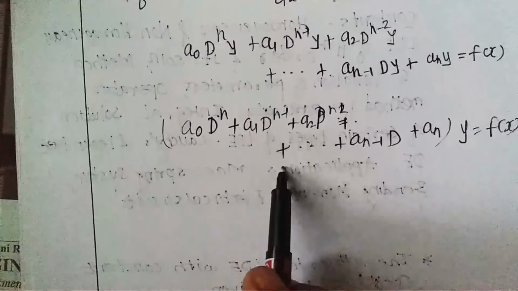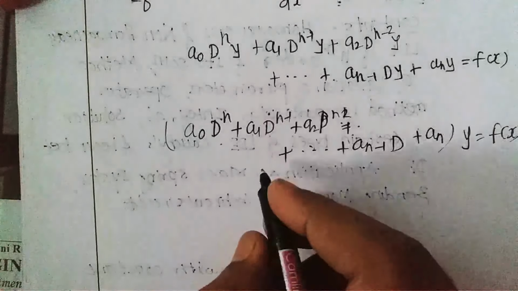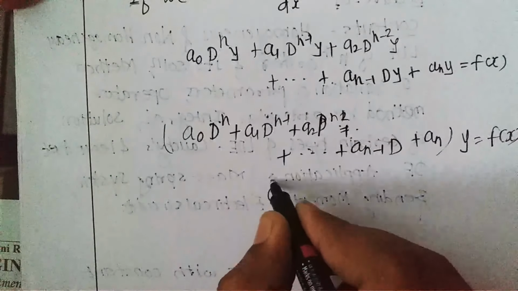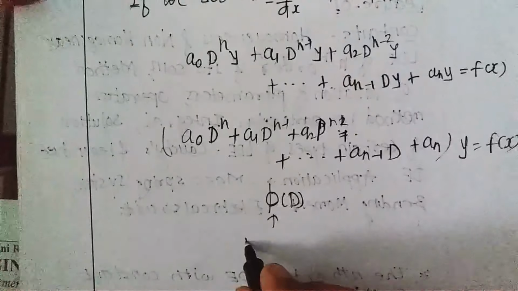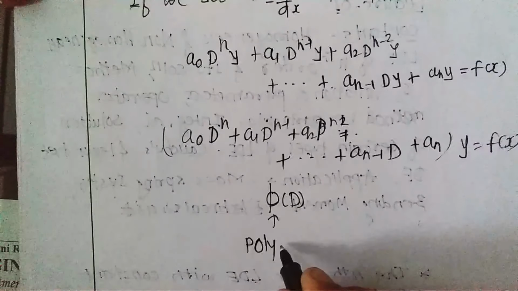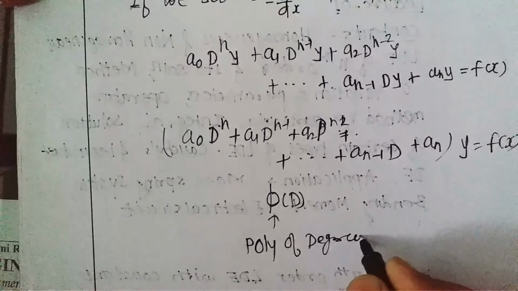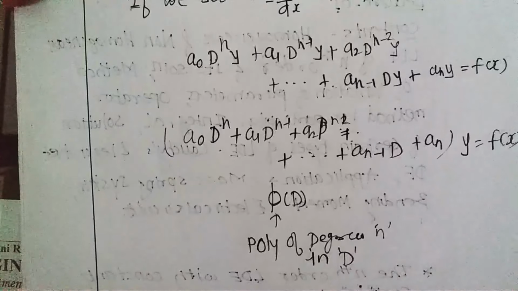If you see this bracket, it looks like a polynomial of degree n in capital D. This polynomial of degree n we are going to denote by phi of D, a polynomial of degree n in the variable capital D.